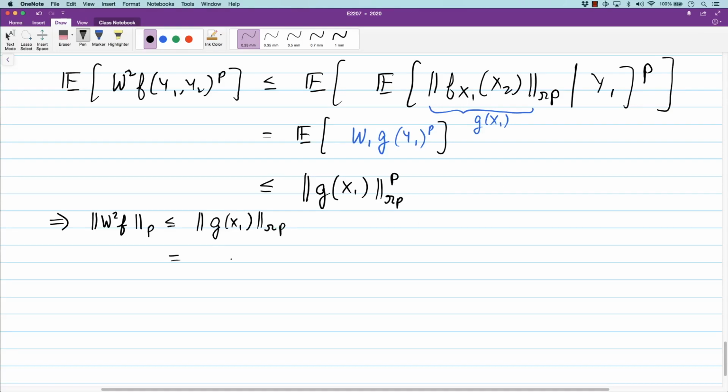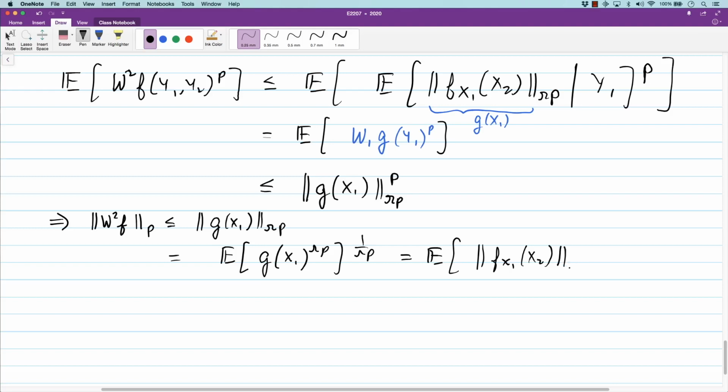That's the expected value over x1 of g of x1 to the power rp, and whole to the power 1 by rp. What is g to the power rp? Well, g of x1 is this norm, so to the power rp that's f of x1 x2 to the rp, to the power rp. What is this inner norm?